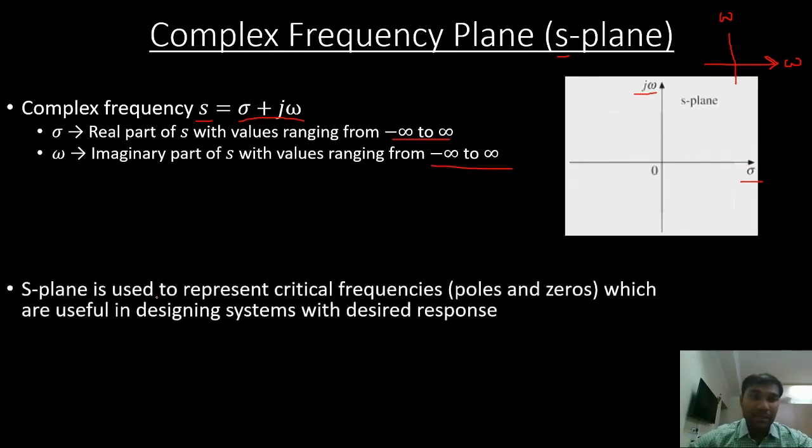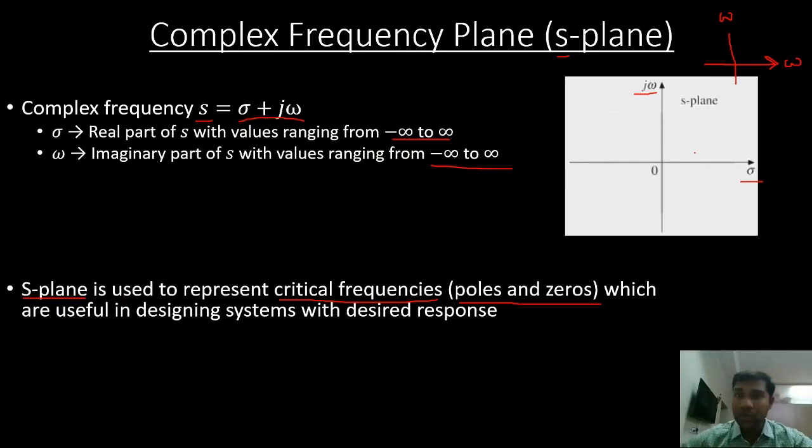This s plane is used to represent critical frequencies, that is nothing but poles and zeros, which are used in designing systems with desired response. We'll look at what poles and zeros are later. These poles and zeros of my given system or signal are represented using the s plane.